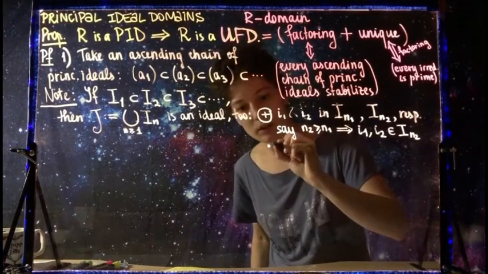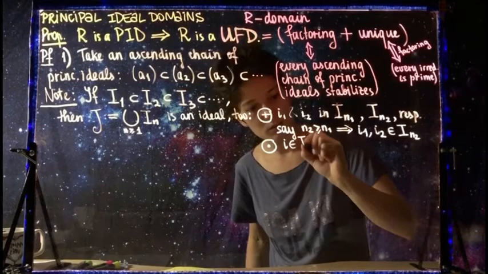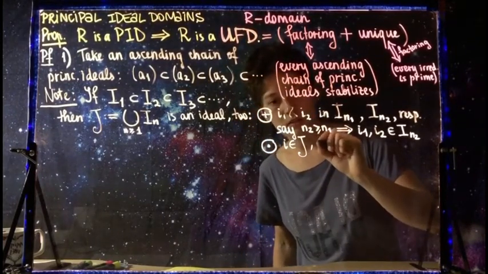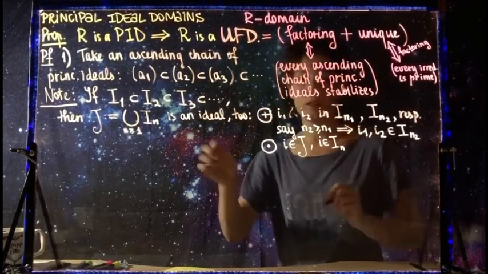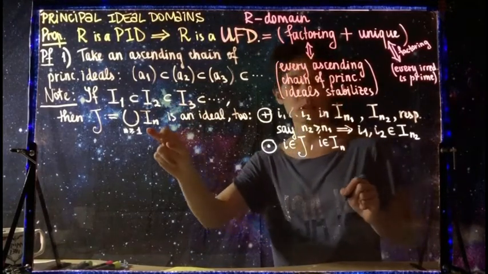And for multiplication, if we have i inside of J, then i lies in some I_N. We can represent i in some finite step of the union.